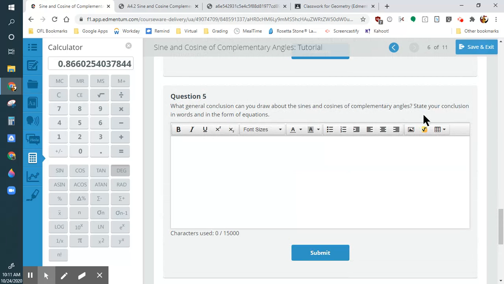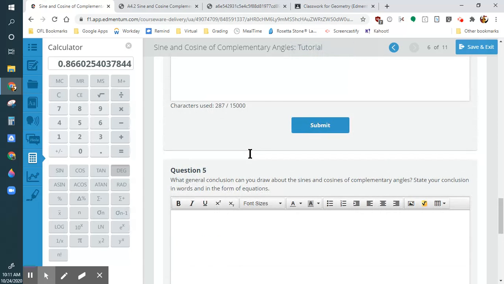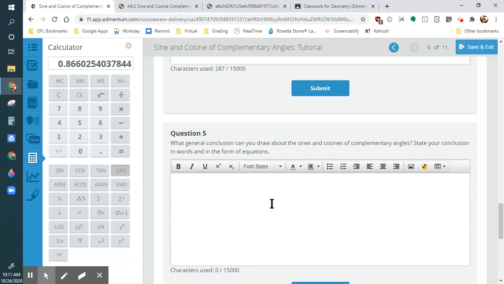What general conclusion can you draw from complementary? State your conclusion in words and equations. Okay, so what they want here is for you to use equations. So sine of A equals cosine of B, and sine of B is equal to cosine of A, and vice versa.